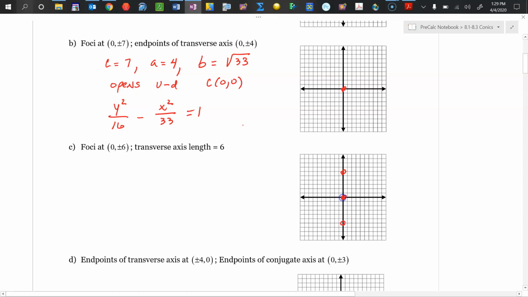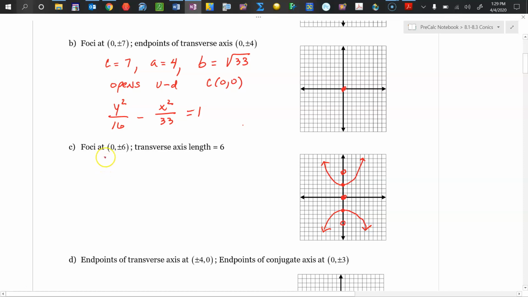And so the center is right there at 0, 0. Transverse axis length is 6. So that means that A is 3. So the points on the hyperbola are 3 units away from the center, and the hyperbola is going to open up down, like that, a really rough sketch of that.